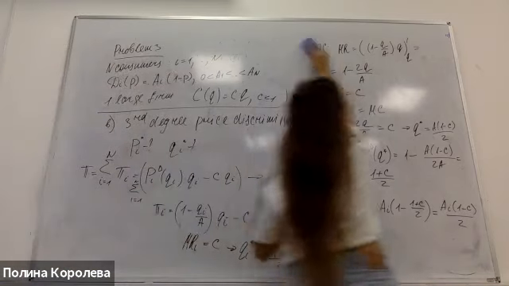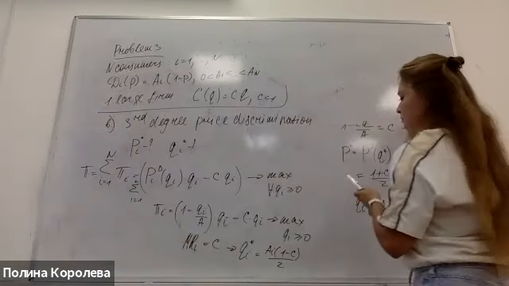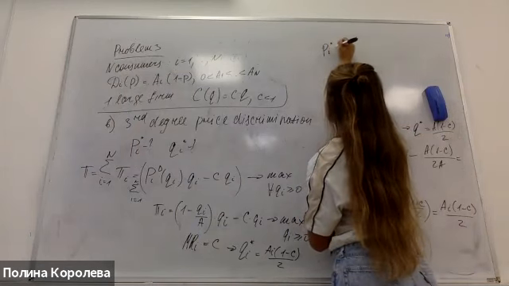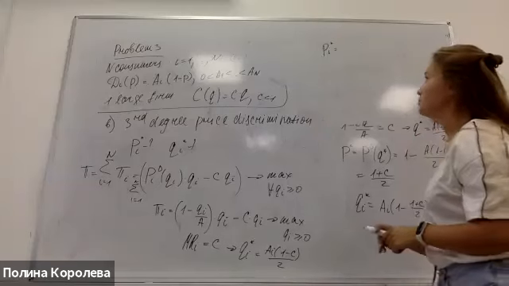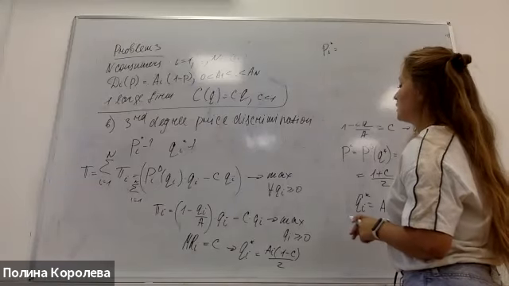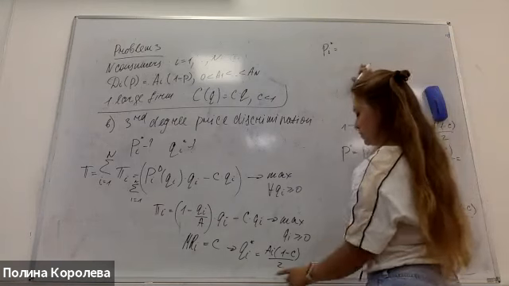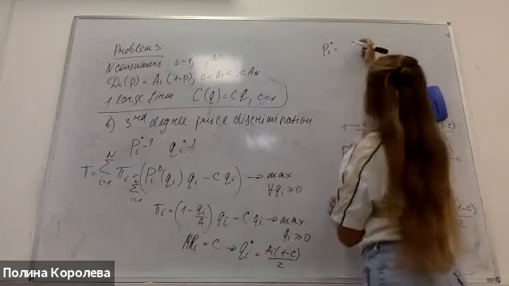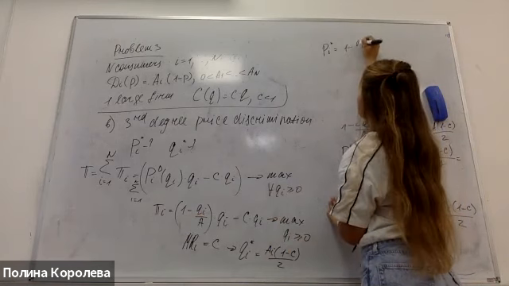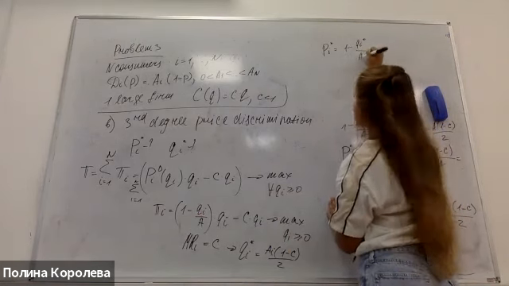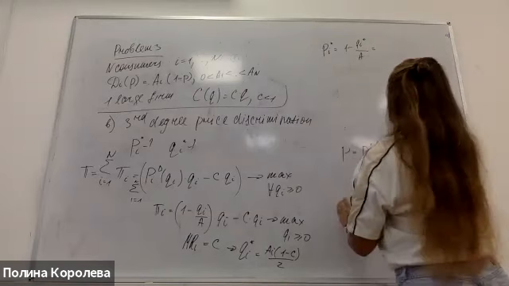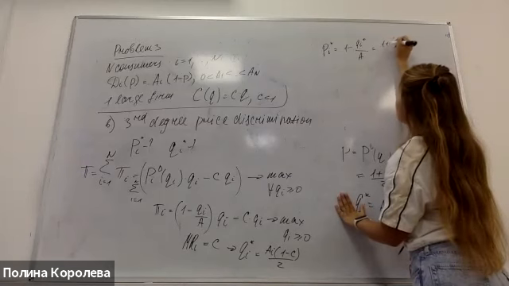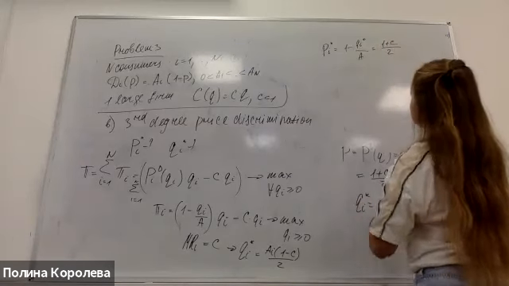Price for each individual will be: we should put this quantity into the individual inverse demand function. It will be 1 minus Qi star divided by Ai, and this will be (1 plus C) divided by 2.